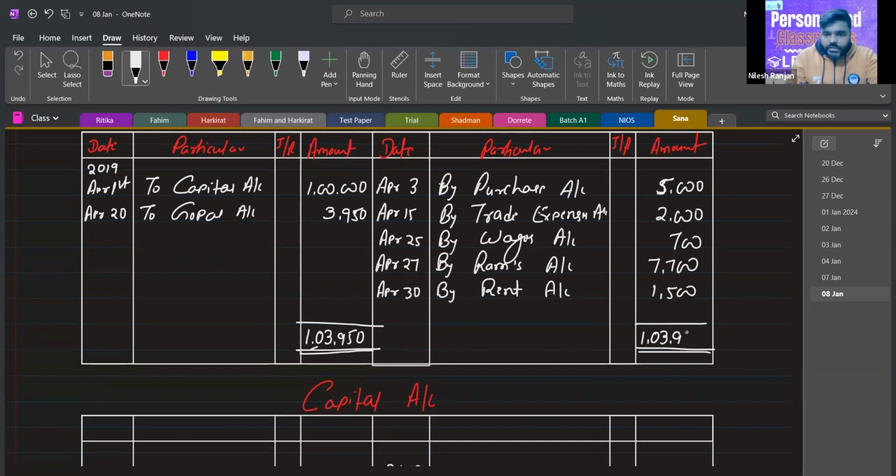So it will be 1,03,950, by balance CD. Then the balancing figure is 87,050.